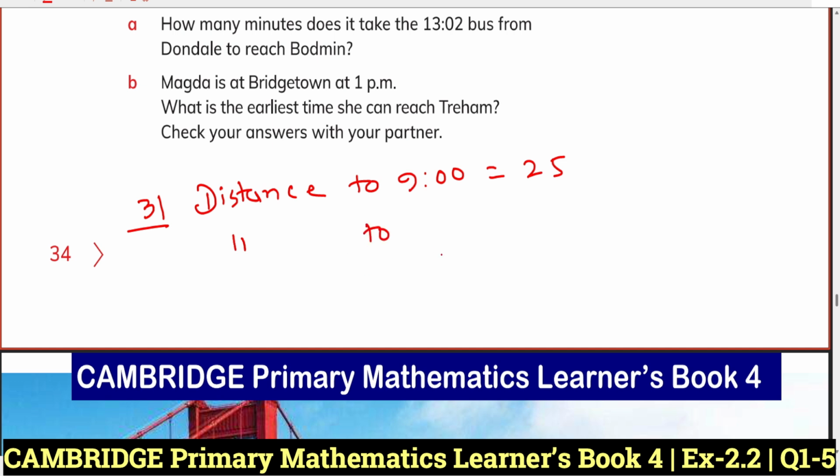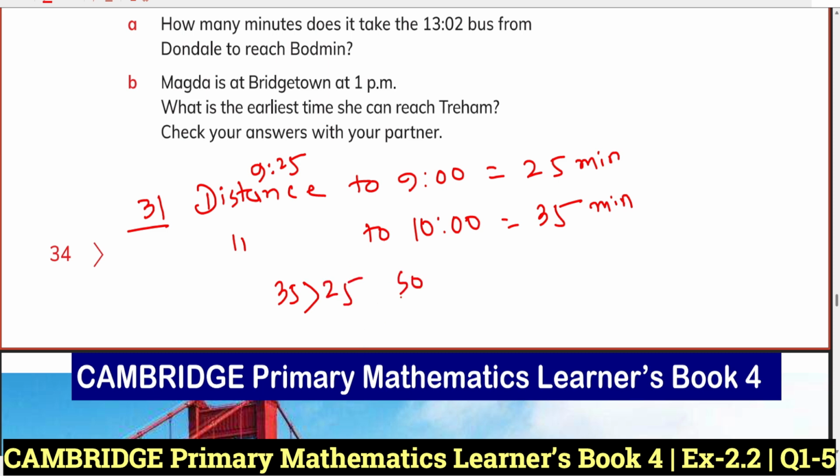Distance to 10, 35 minutes. Distance means the time from 9:25 to 9 is 25 minutes, and from 9:25 to 10 is 35 minutes. 35 is larger than 25, so 9:25 is closer to 9. Very simple.